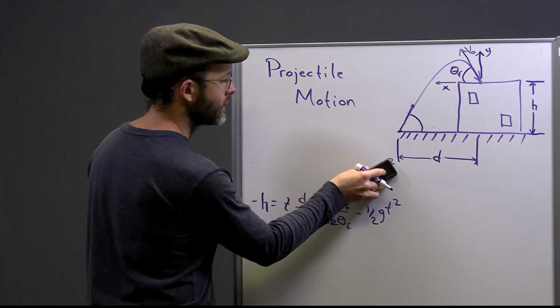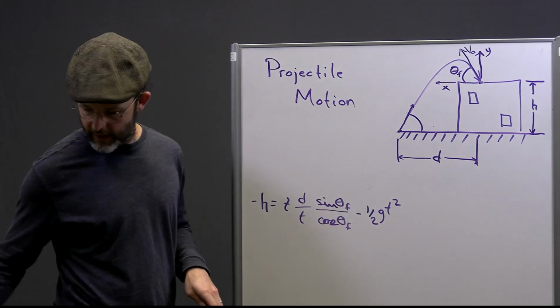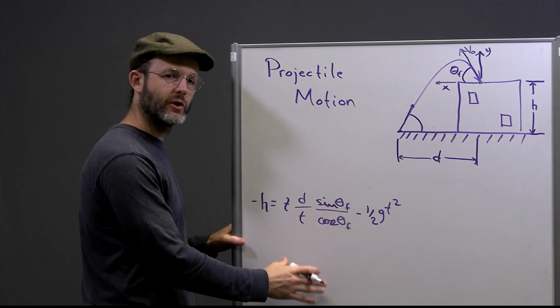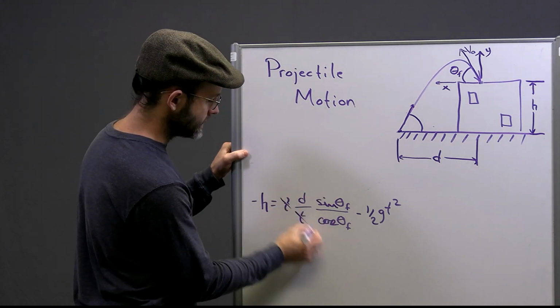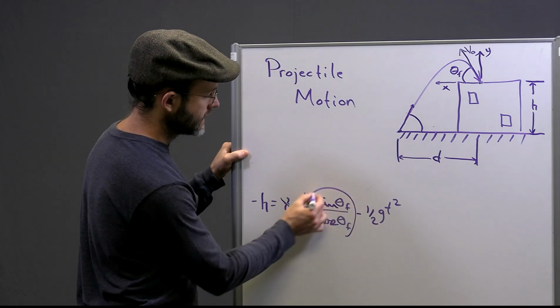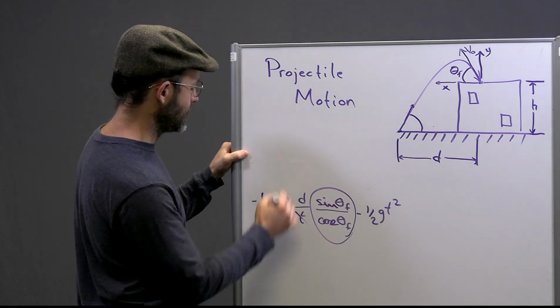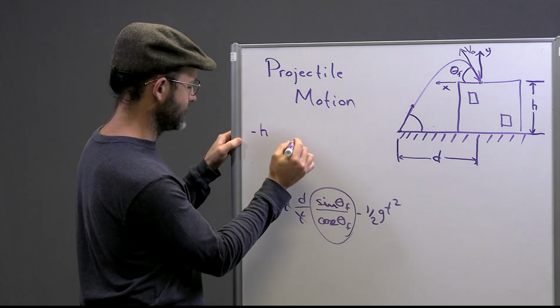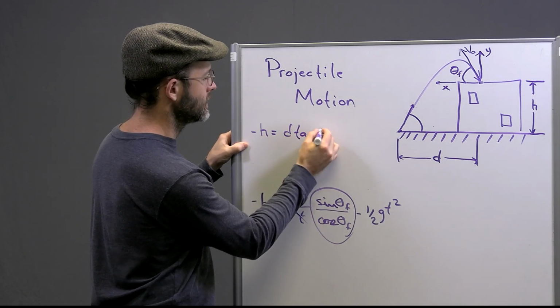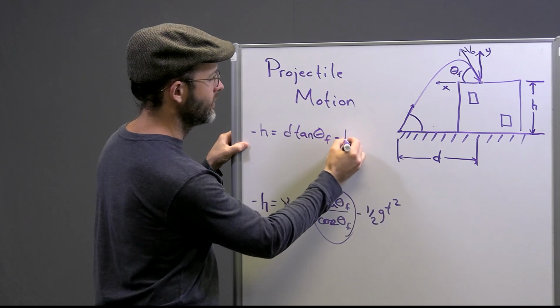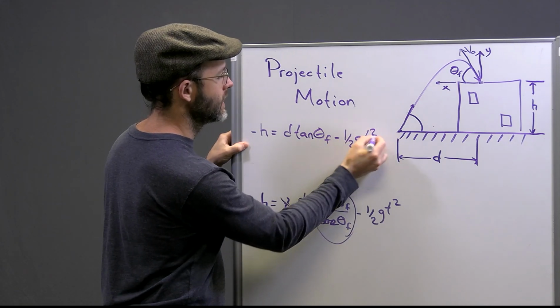And here, now, is something we've been looking for. A single equation, a single unknown. Let's solve it for d. Notice that the t's cancel. Sine theta over cosine theta is tangent. So we have the simplified version: negative h equals d tangent theta f minus 1/2 gt squared.